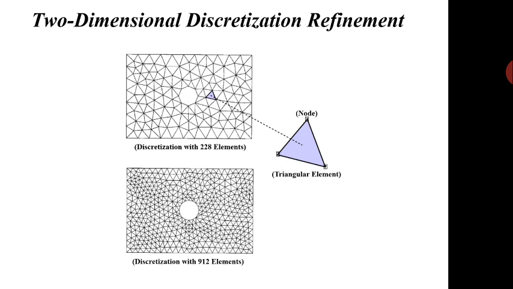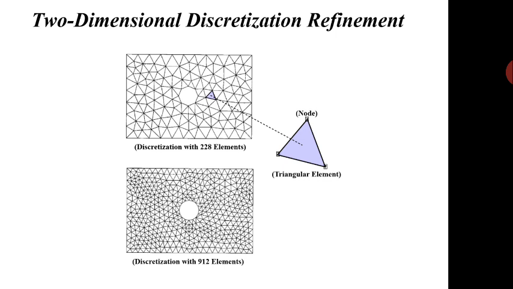Here we can see in the first diagram discretization with 2 to 8 elements, that will not give you a refined mesh, and after refinement we will have 912 elements which appears very good in meshing. So it is the flexible meshing that we have used.